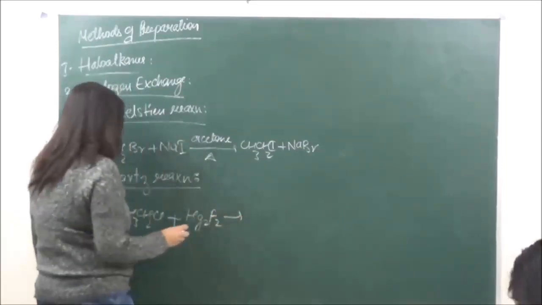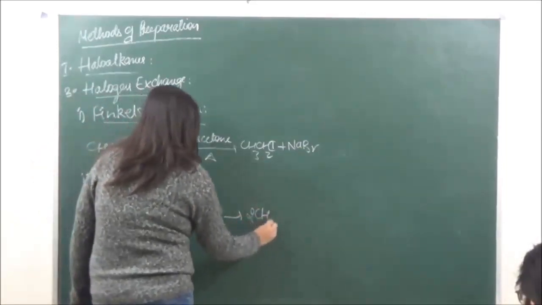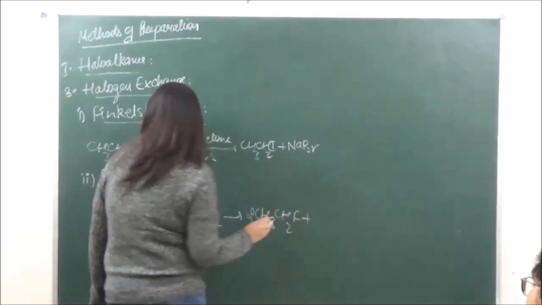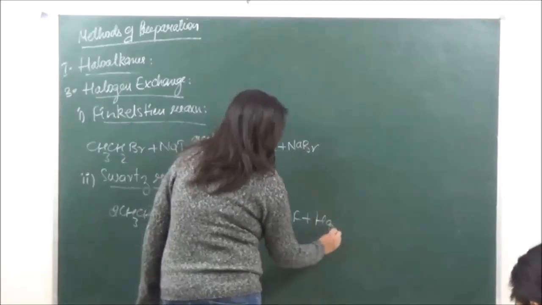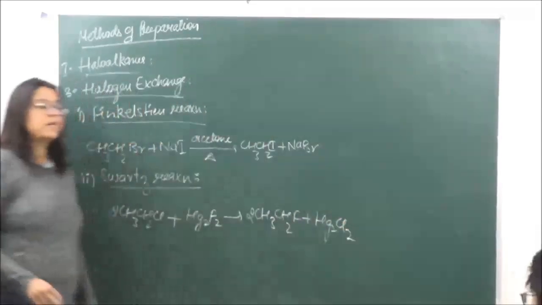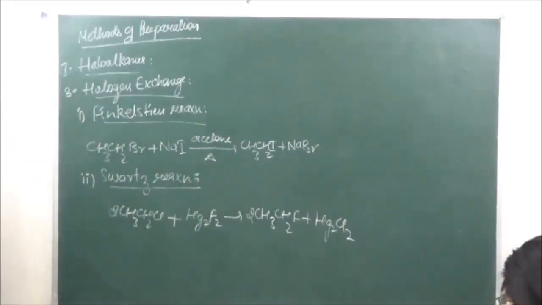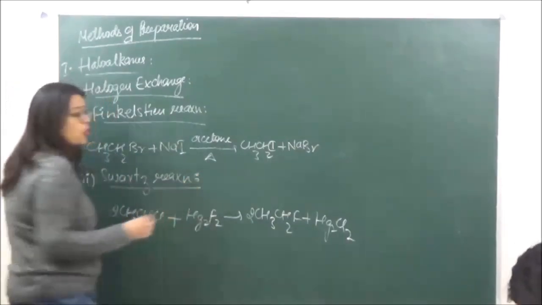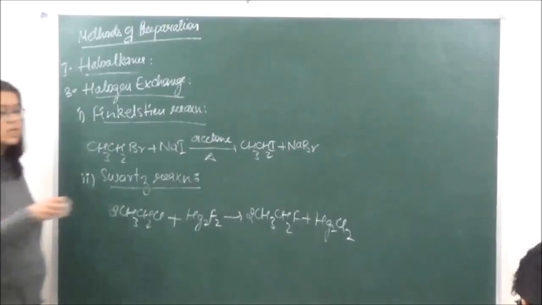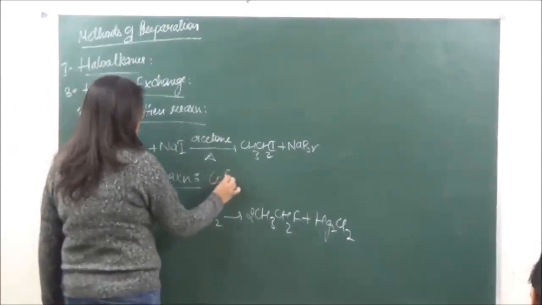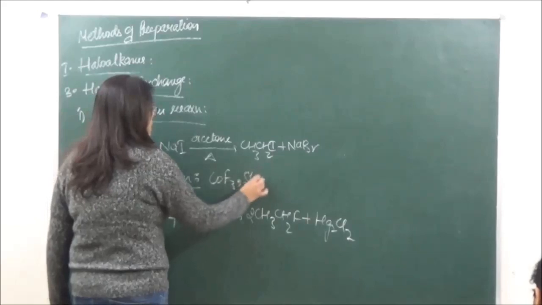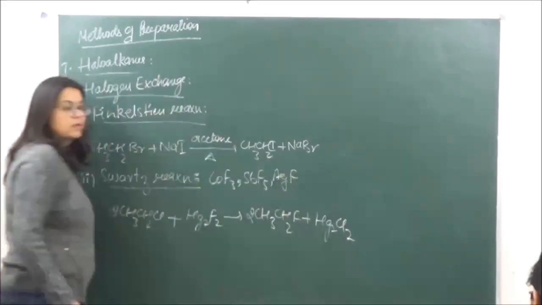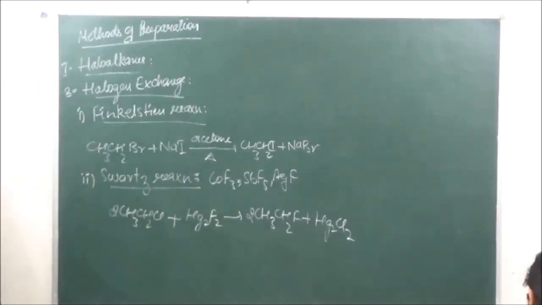This is going to give us CH3F plus Hg2Cl2. Okay, now here instead of Hg2F2 we can also use certain other reagents. For example, we can use CoF3, we can use SbF5, and we can also use AgF. So any of the reagents can be used.